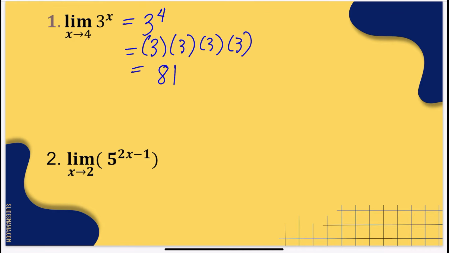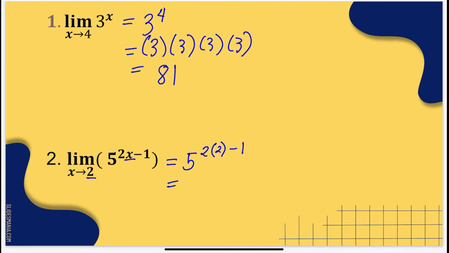Number 2. The limit of 5 raised to 2x minus 1 as x approaches 2 is equal to 5 raised to 2 times 2 minus 1. X becomes 2.